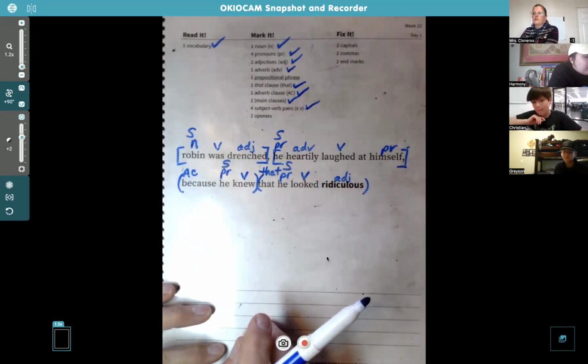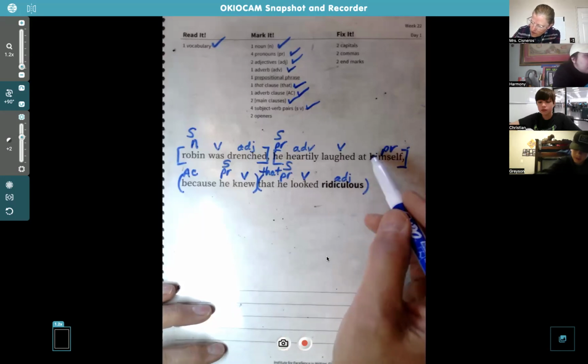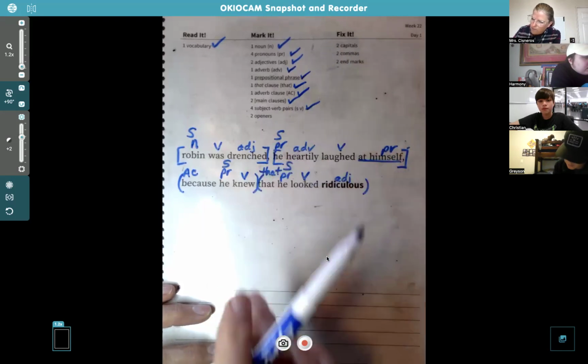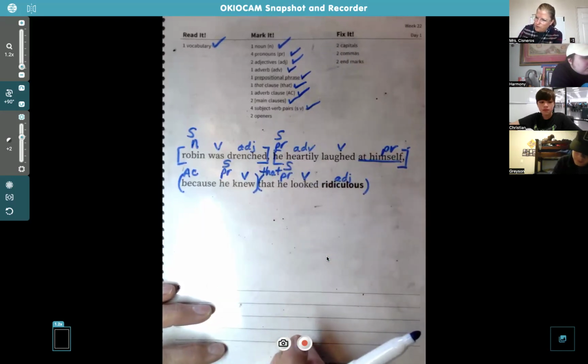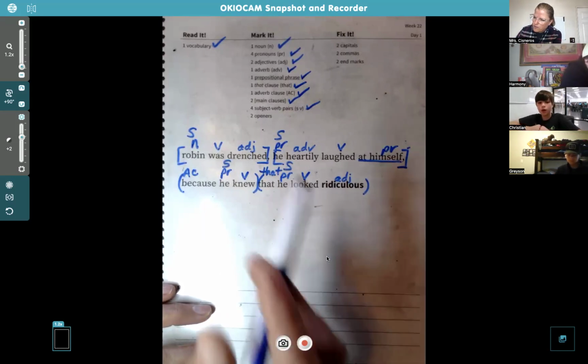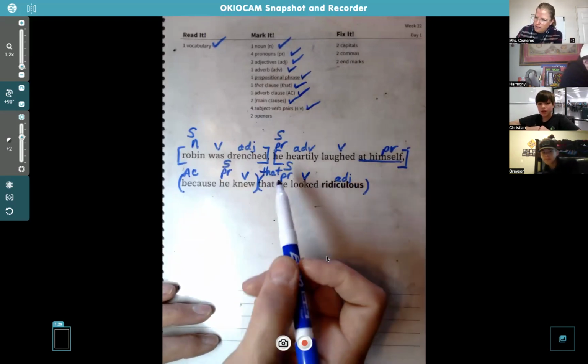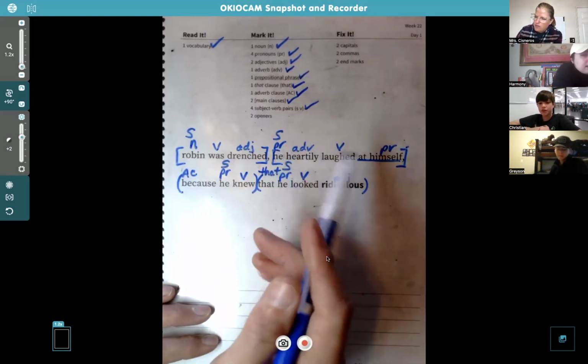Prepositional phrase, Grayson. At himself. Good. At himself. And then Christian, what about the openers? One on Robin was drenched, and one on he heartily laughed for the subject.